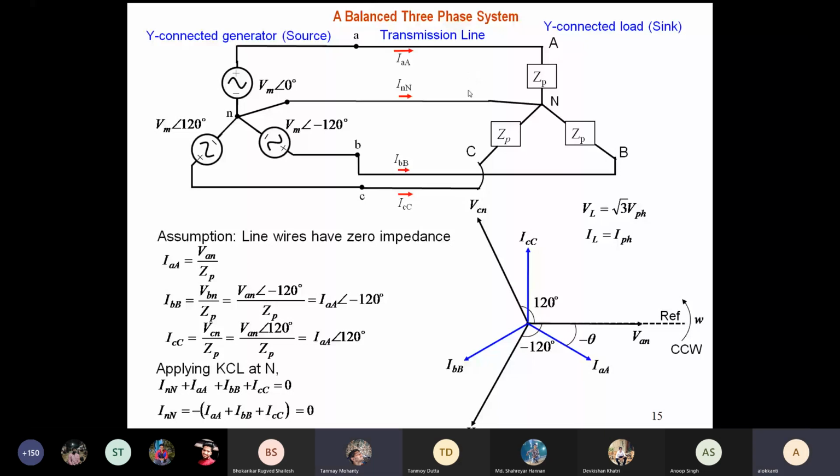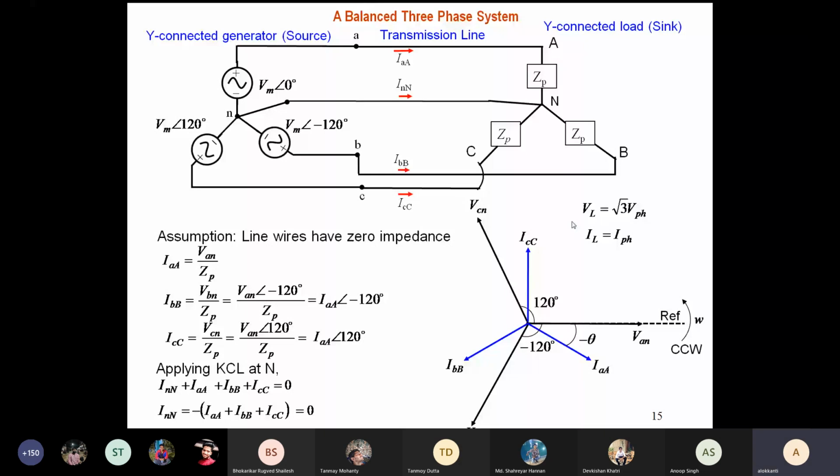That's why there is a phase difference between VAN and IA. Assuming there is no other impedance here. Had there been any other impedance, that will also, together with ZP, decide the lag.